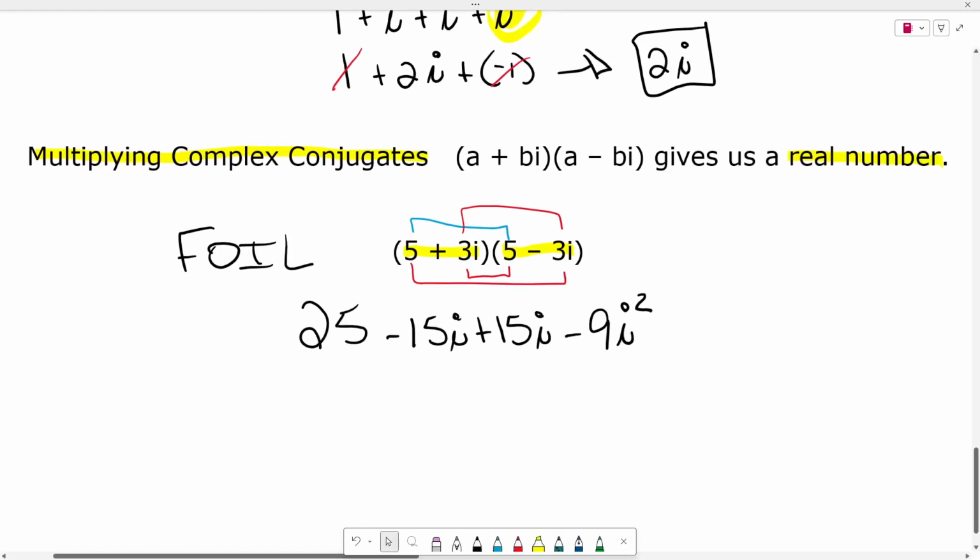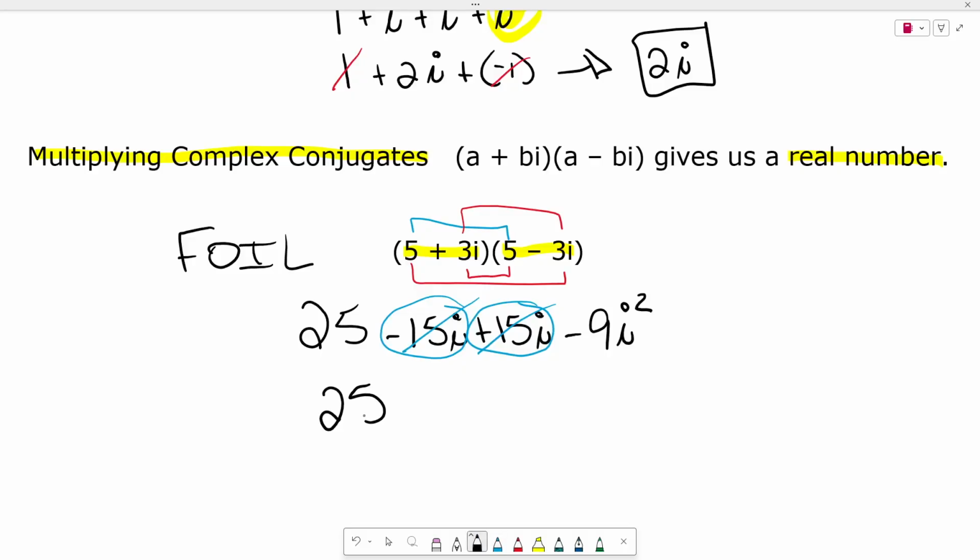Notice our middle terms here are opposites of each other and they will eliminate. I have my 25 chilling out front, minus 9 times negative 1, because i squared is negative 1, because don't forget, we always simplify our i squares.